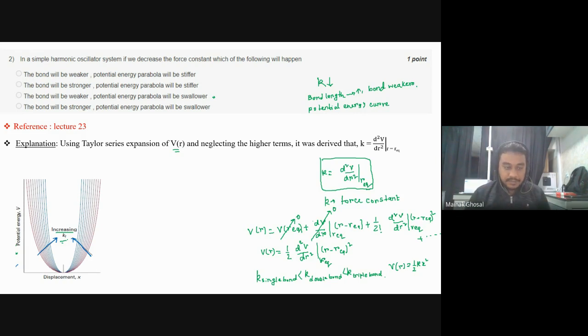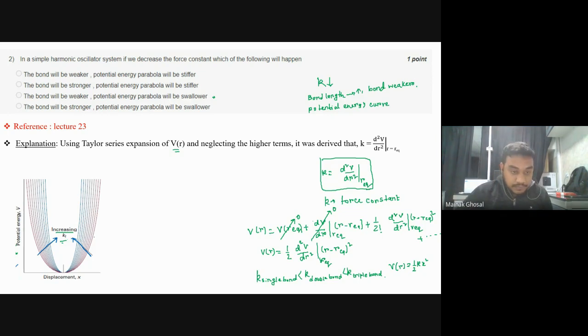If you are increasing this k, that means you are making your bond much stronger, then this parabola will be much narrower. That means it will be much steeper. But if you are decreasing your k, the parabola will get like this.